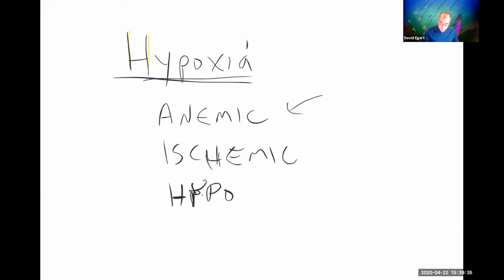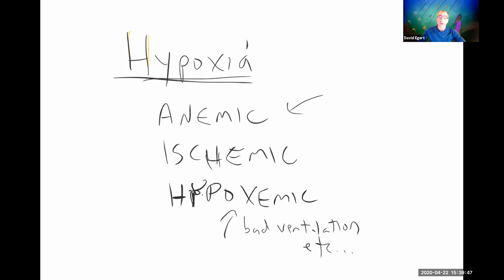And then there's hypoxemic hypoxia, from bad ventilation, etc. This is when you don't have enough oxygen loaded onto the blood, because, as we've just been talking about, you're not properly ventilating, since the surfactant isn't working and your normal breathing isn't inflating the lungs well.